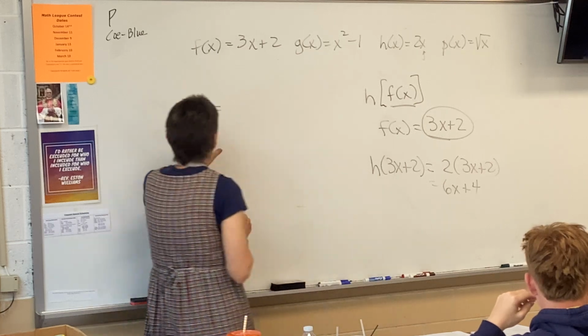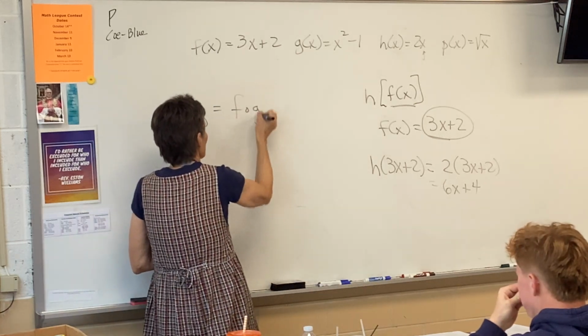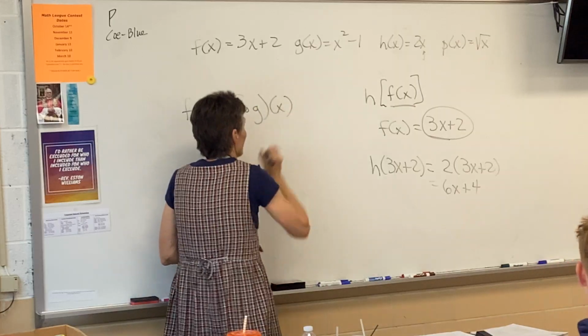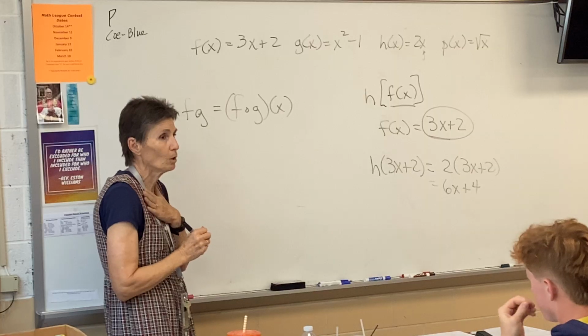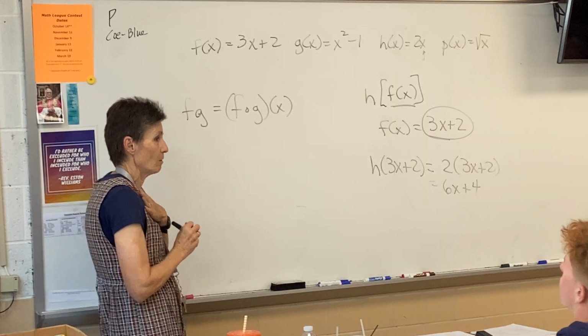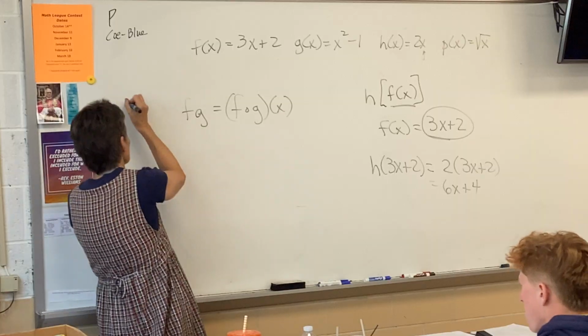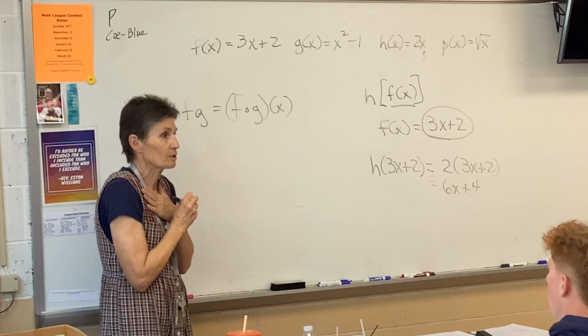All right, so f of g, this means f of g of x, okay? Now, sometimes we get confused with multiplication when functions are involved. If it's a multiplication problem, you will literally see a multiplication.